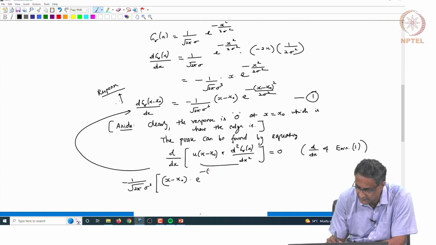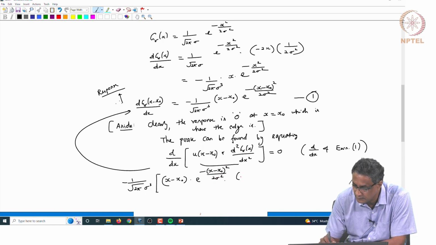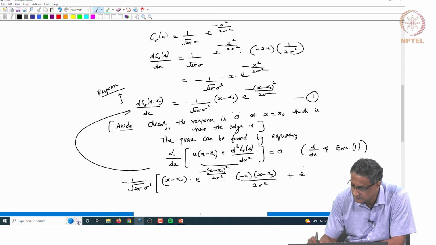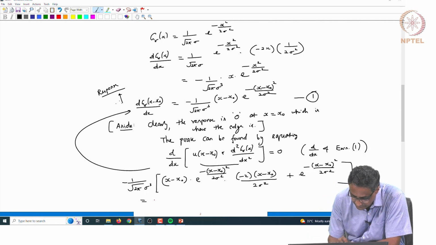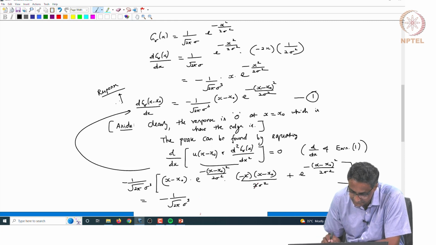So, e raised to minus (x minus x naught) the whole square by 2 sigma square into minus 2 (x minus x naught) by 2 sigma square, plus e raised to power minus (x minus x naught) the whole square by 2 sigma square. Okay, so we can pull out this minus 1 by root 2 pi sigma cube, which is common anyway, and then this 2 and 2 will cancel off.